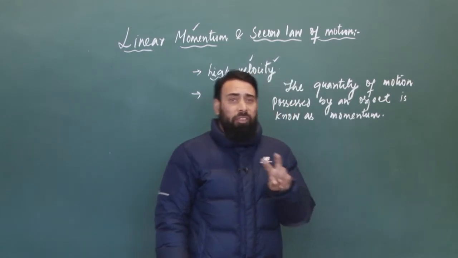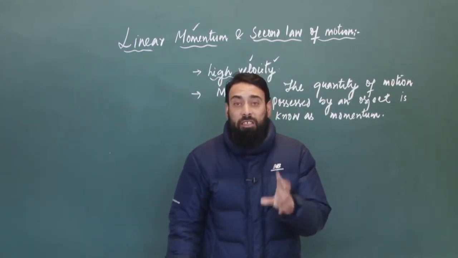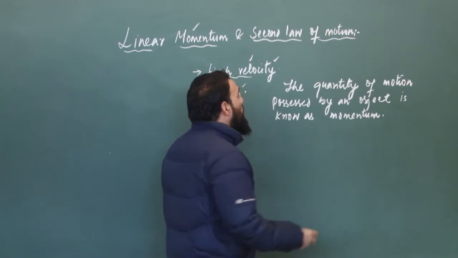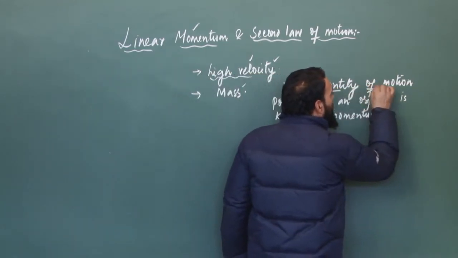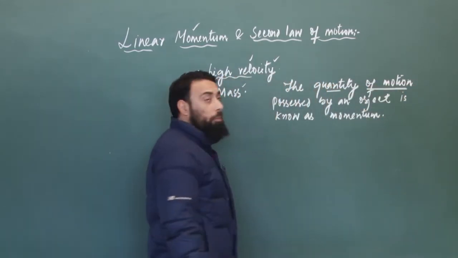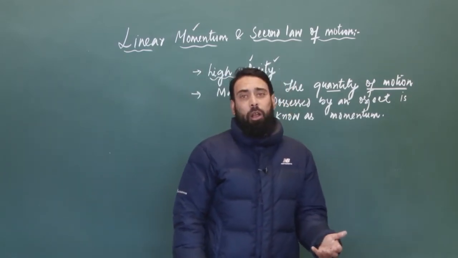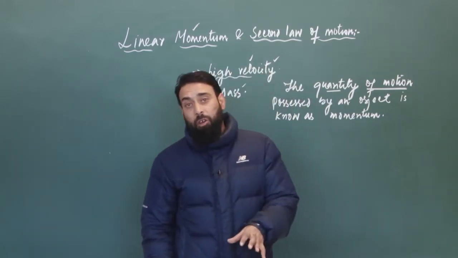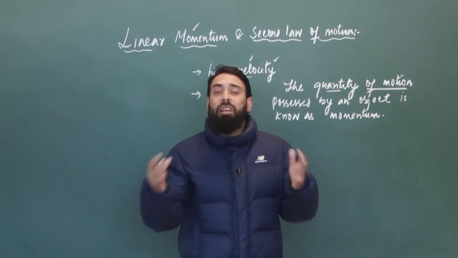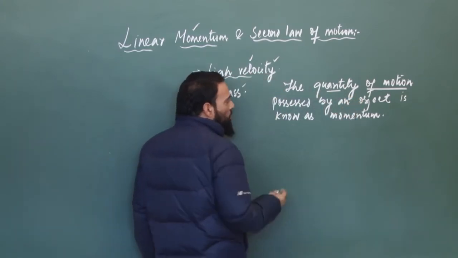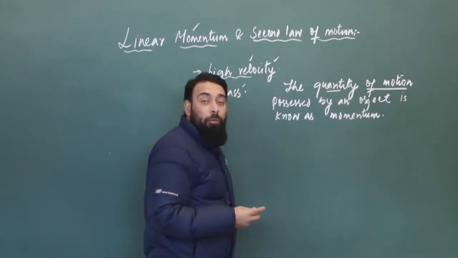So these are the two important factors which decide the momentum of a body, this quantity of motion that we call momentum. It is decided by either the velocity of that body or the mass of that body, or the mass and velocity of that body.